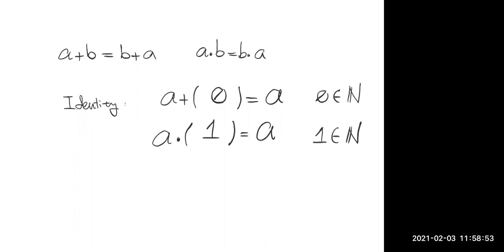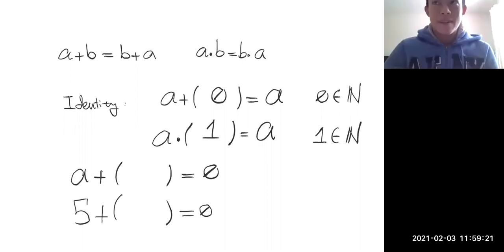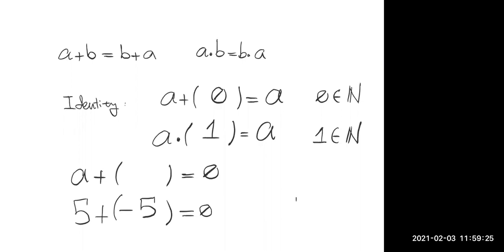Let's get to the inverses. For any number a, is there another natural number such that if I add them, I would get 0? The answer is no, right? Because, for example, take 5. What is the number which I should add to 5 to get 0? It's -5, right? But -5 is not a natural number.